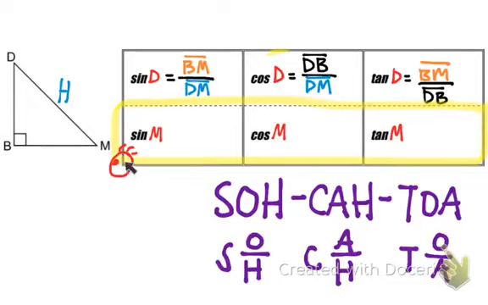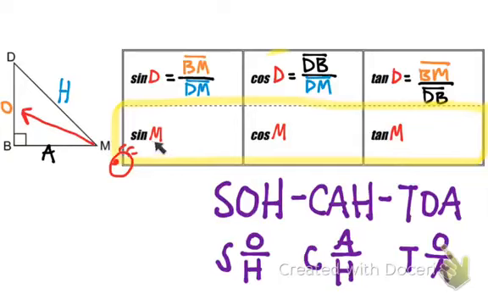And now since we're looking from angle M, the side across from it is our opposite side. It used to be over here, but because our reference angle is angle M, the side opposite of angle M is DB. And now the adjacent side, which is right next to it, is BM.